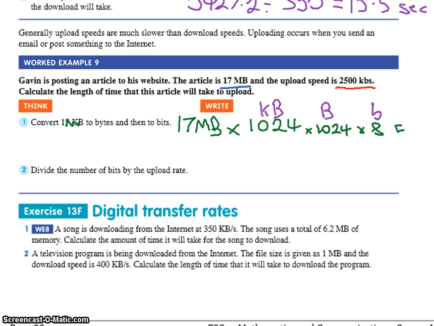If you need to, don't hesitate in writing those on top, so you know what each step has got you from and got you to. You've gone from 17 megabytes to kilobytes to bytes to bits. Does that make sense? Sometimes writing it on top will help you because you'll be able to see what you're doing. Okay?